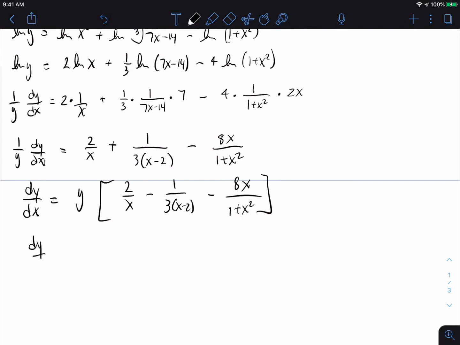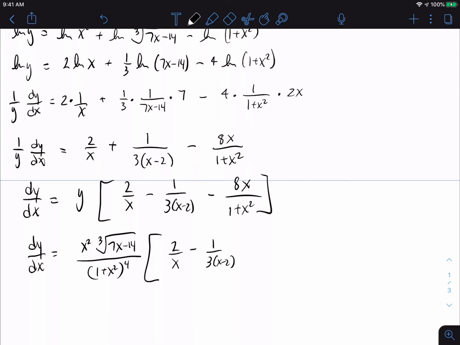So dy dx will only be in terms of x if I substitute. So I'm going to get x squared, the cube root of 7x minus 14 over 1 plus x squared to the 4th, times 2 over x minus 1 over 3 times x minus 2 minus 8x over 1 plus x squared.